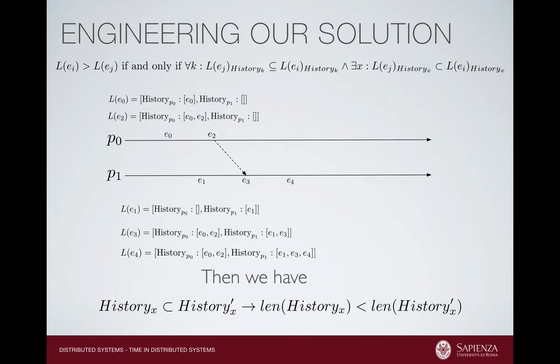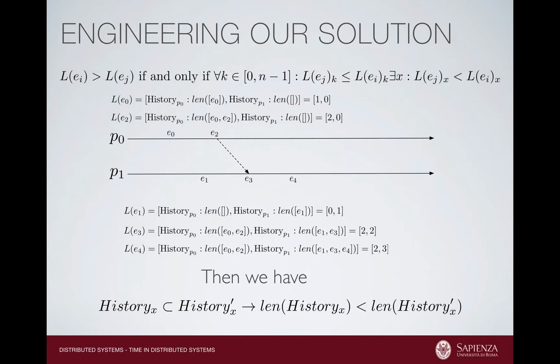So it means that we can compress this data structure and just use lengths, and things do not change, because if a length in a certain location, which now corresponds to a history of a certain process, is less than the length of the same location in another event, then the corresponding list from which we were starting has to be included in the list of the largest location.